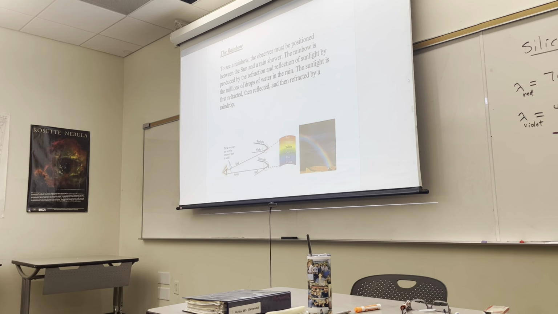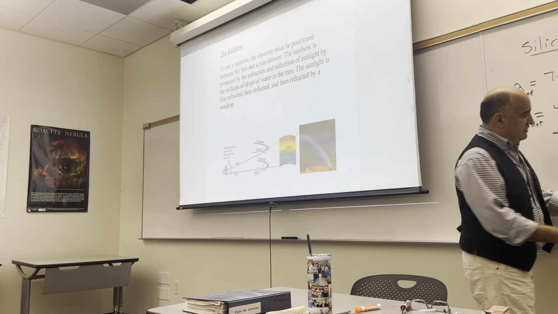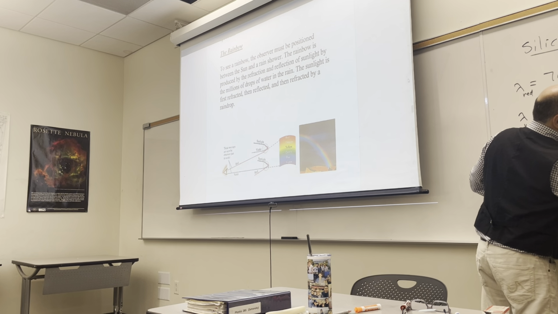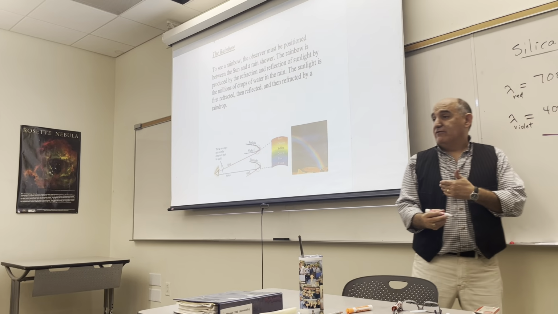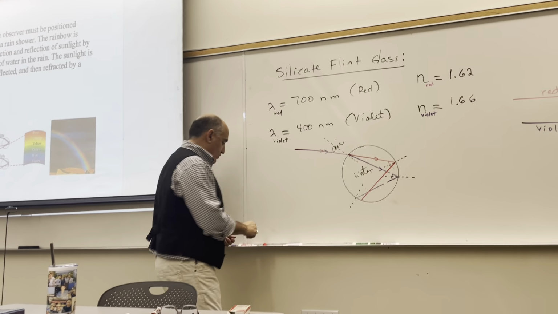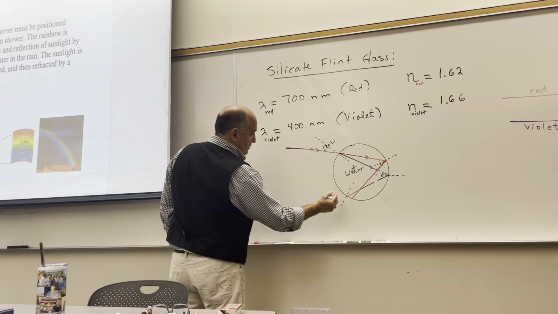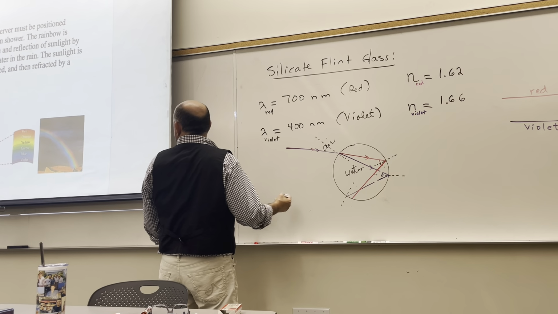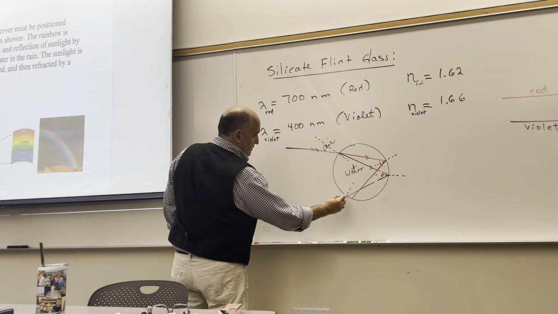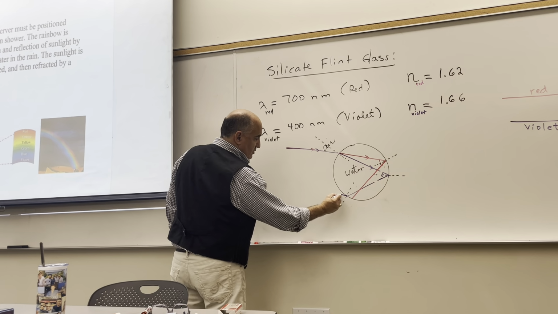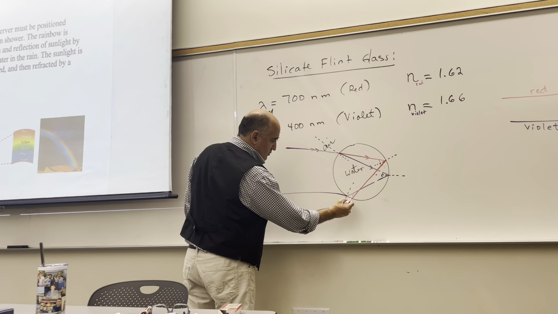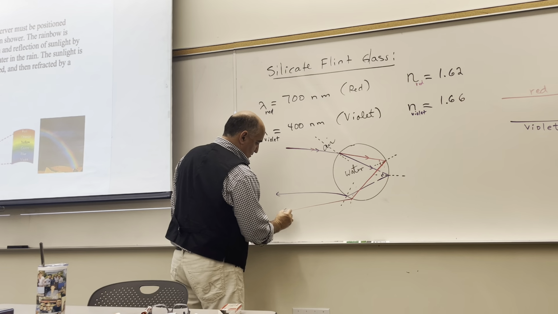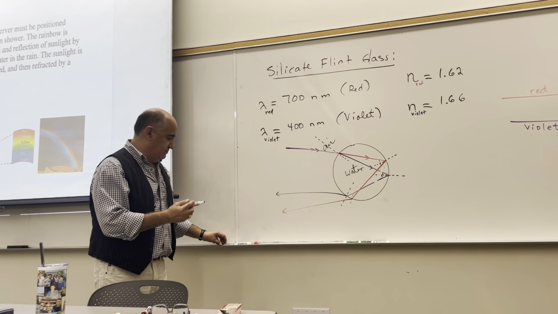So by the time they come out, both of these, the red and the violet or purple, will bend away from the normal, right? And so the red light, and the violet, instead of going straight, is going to go away. And then the other one is going to go away like this.